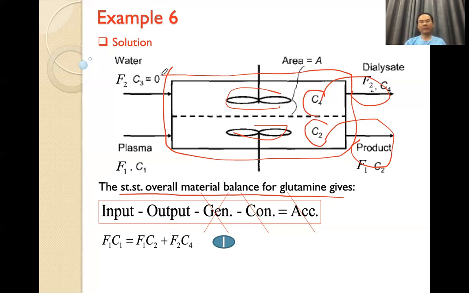Input equals output. For the input term we have F1, where F is flow rate, volume per time, and C is mass or mole per volume. F1 multiplied by C1 gives mass or mole per time, plus F2 C3. Because C3 is 0, we get F1 C1 equal to the output, F2 C4 plus F1 C2.